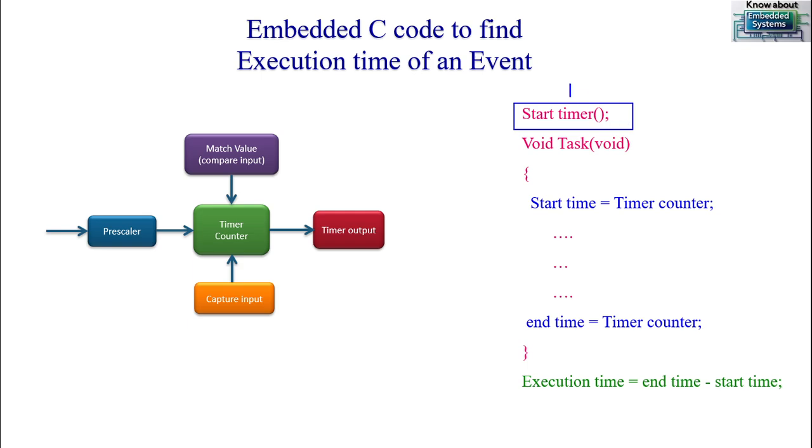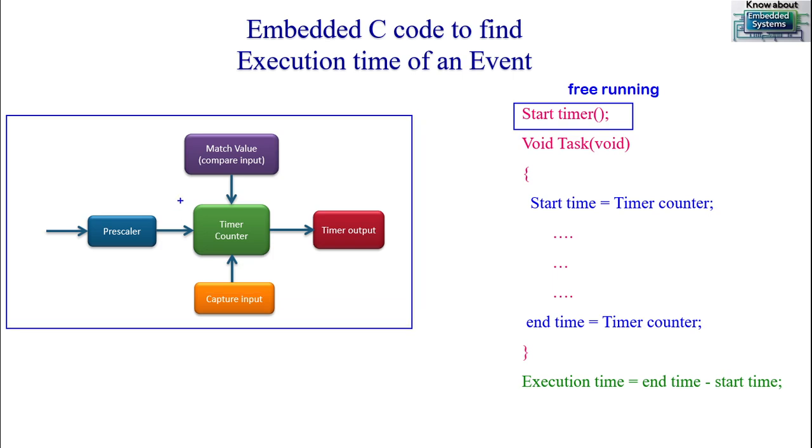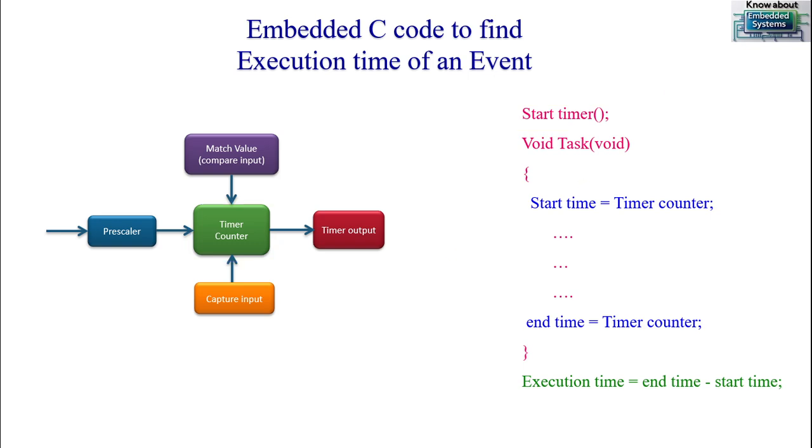Do remember, it should run in free running mode, so we have to configure a free running timer. What do you mean by free running timer? Free running timer means you should not give any condition at all. The timer should run continuously. This timer counter should run freely without any obstacle, without any condition.